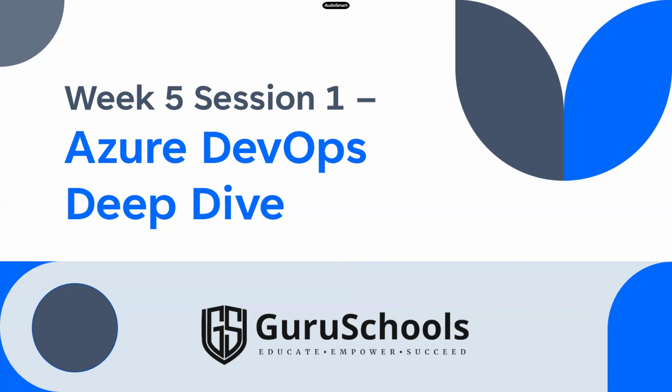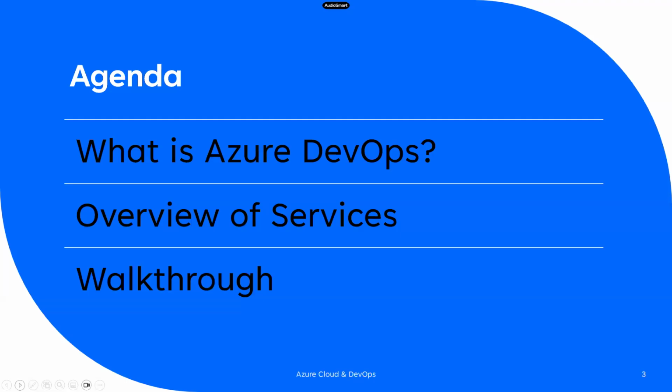So there are a lot of things that we will be considering in Azure DevOps. Let's get started and deep dive into it. We'll be mainly discussing three things today. One is what is Azure DevOps, which means we'll go through an overview of it.